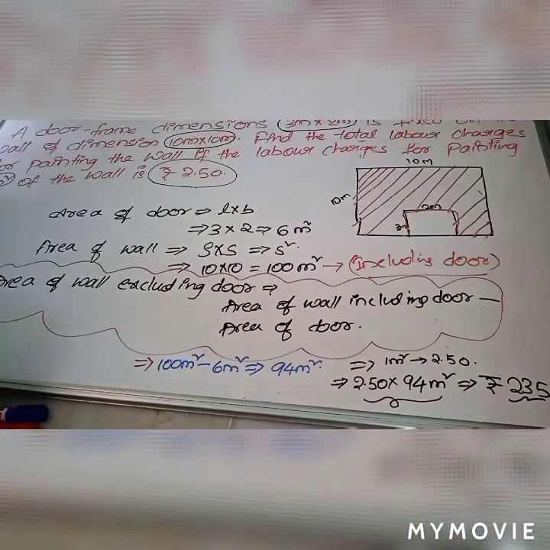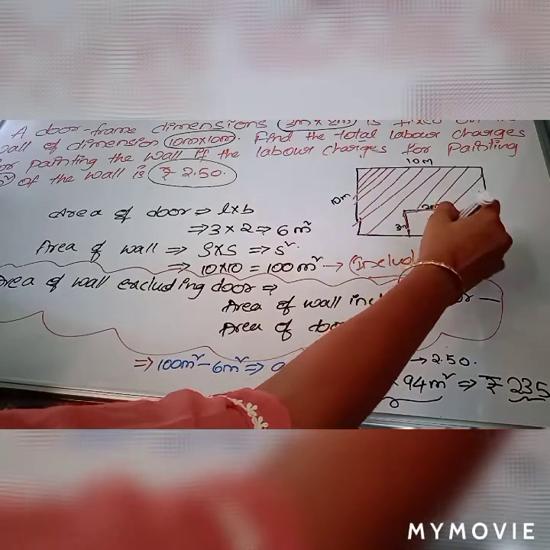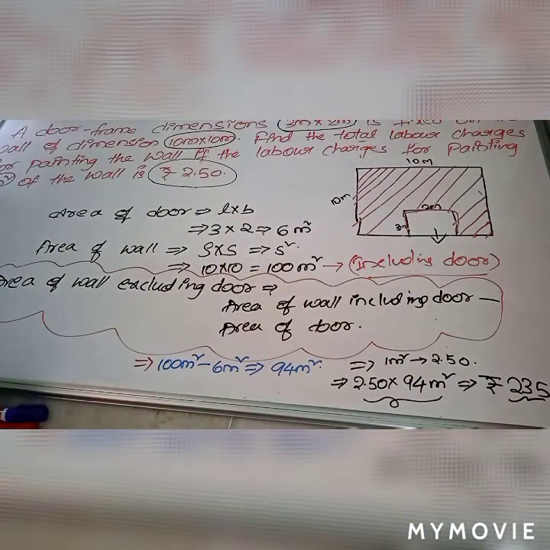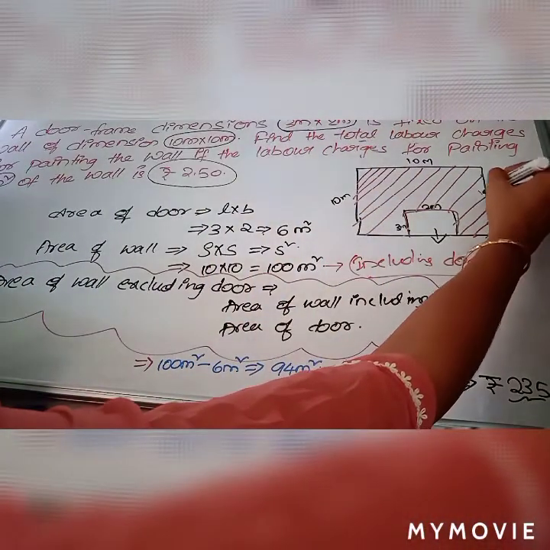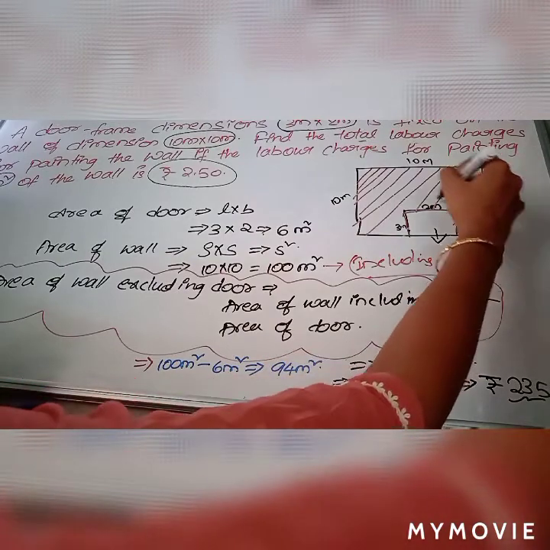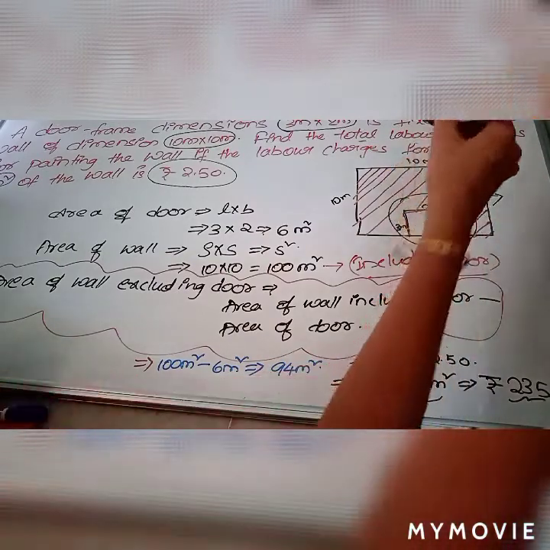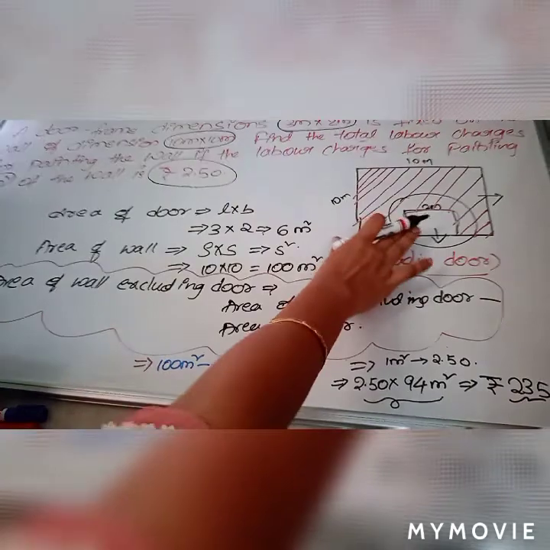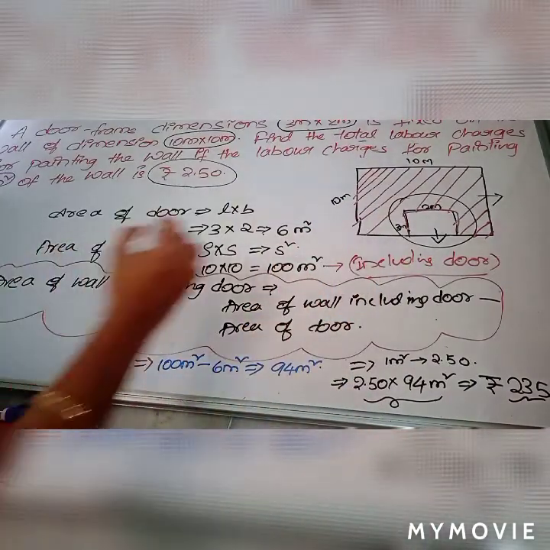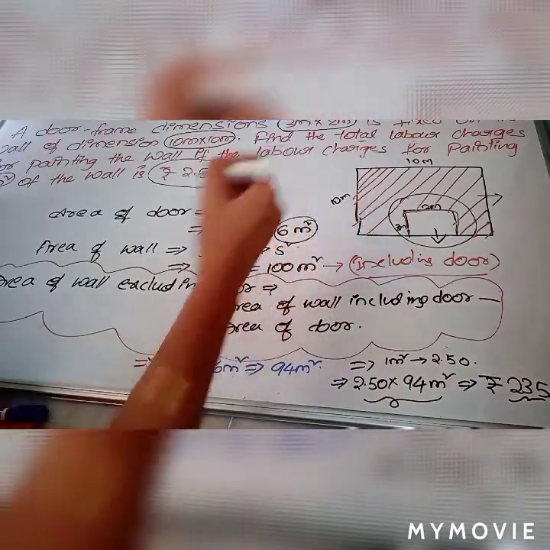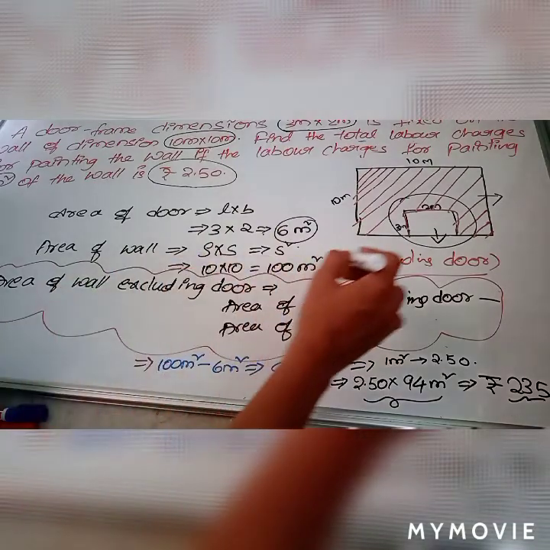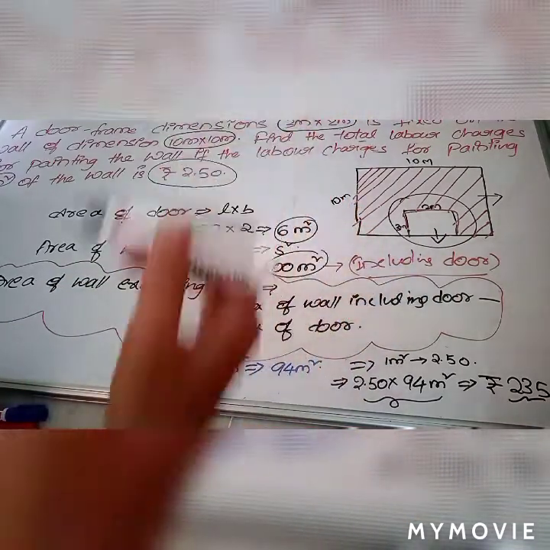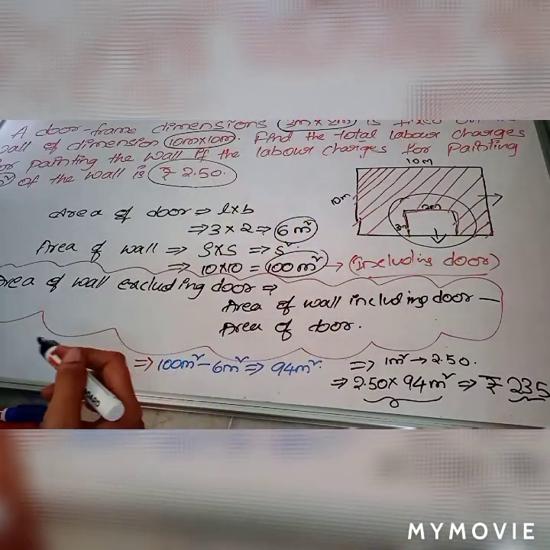So here the first step is we will find the area of this door. Okay, next one we will find the area of this wall including this door. So the area of the door is 6 square centimeters and the area of the wall is 100 square centimeters, that is including door.